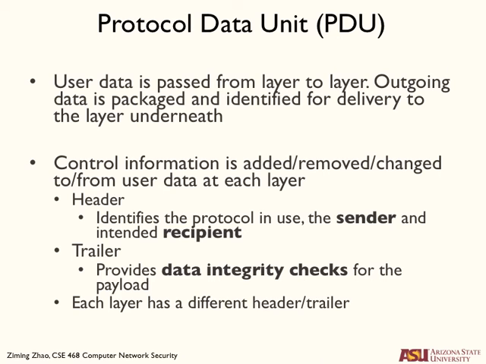When you want to send out something, the outgoing data is first packed and identified for delivery to the layer underneath. And if you have incoming information, all the layers will try to parse that data and decide who to send it to.